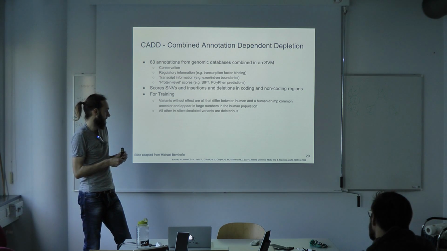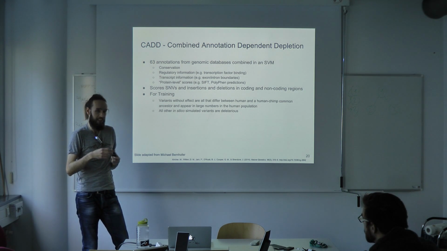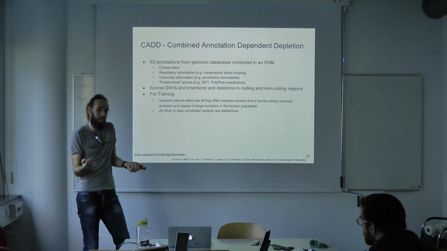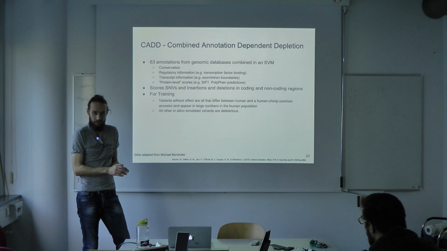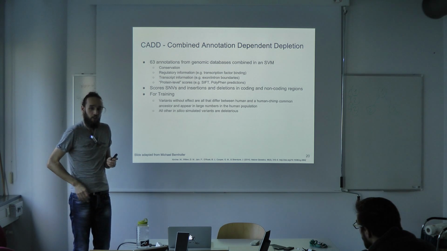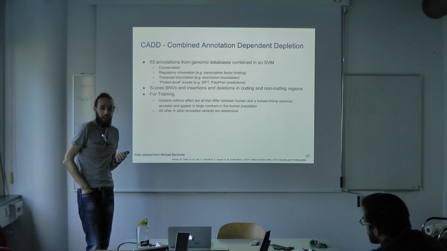So changes that happen and that are different, but since they are around, they must apparently be neutral, because it's common in the population, so it cannot really have an effect.